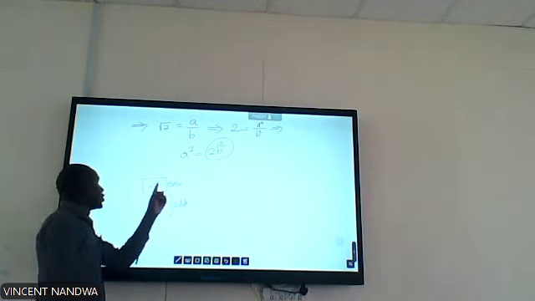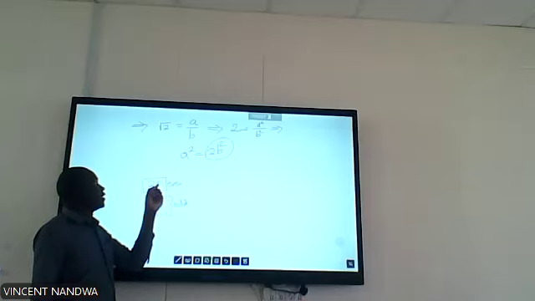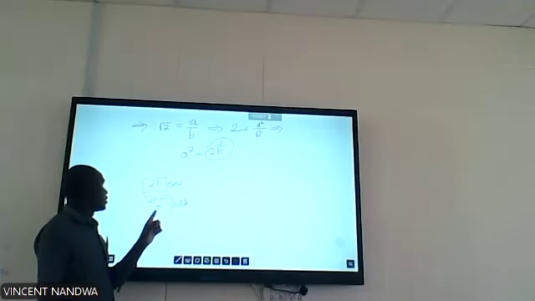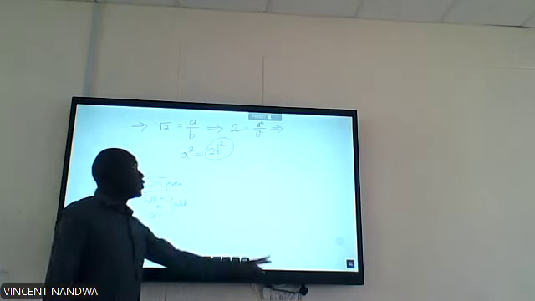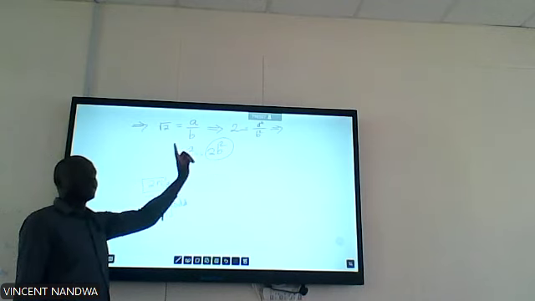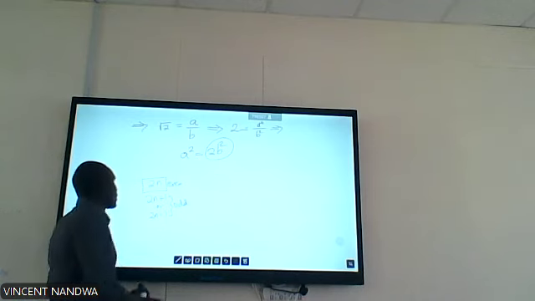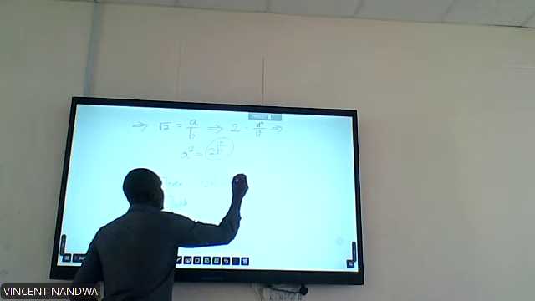That for any integer n, if any number is written of the form 2n, then that number is even. If you say 2n plus 1 or 2n minus 1, then it's odd. And then what happens when you square an even number? Like if we square this, 2n squared, we get 4n squared.